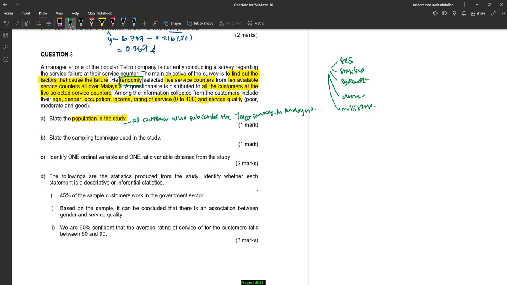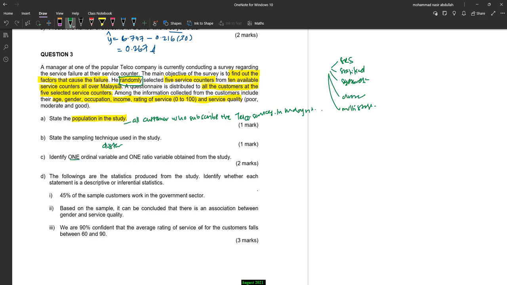Right? So which one is correct to indicate the sampling technique used? Dia kata kat sini dia select 5 counters out of 10 counters. Right? And then they distribute to all customer at 5 selected service counters. It should be cluster lah, sebab dia distribute all lah. So this is a cluster.